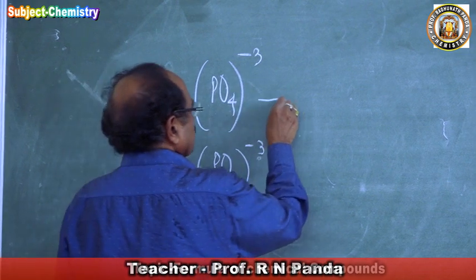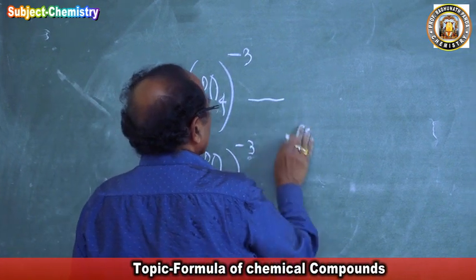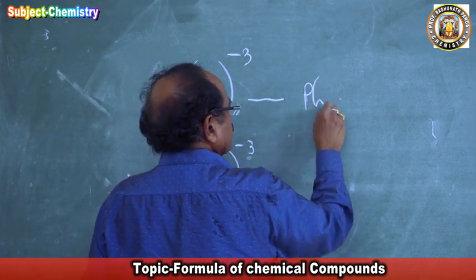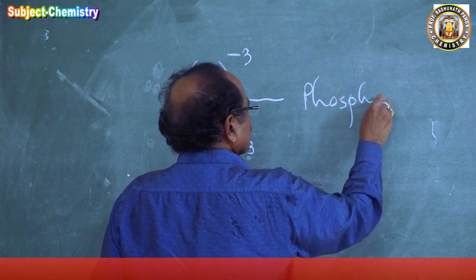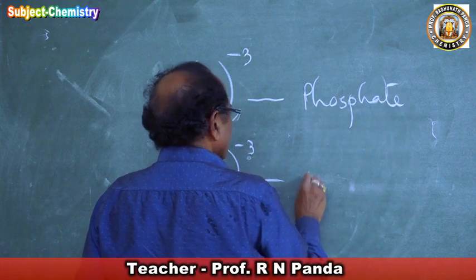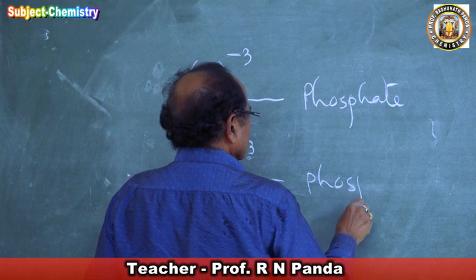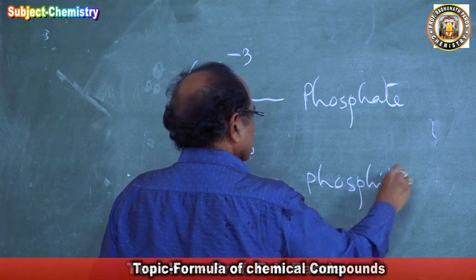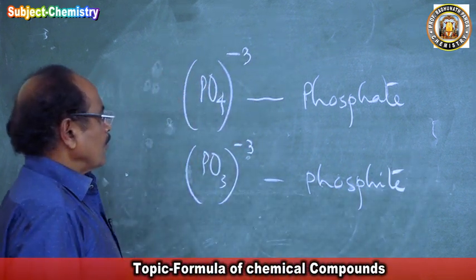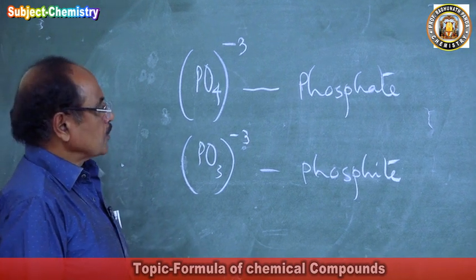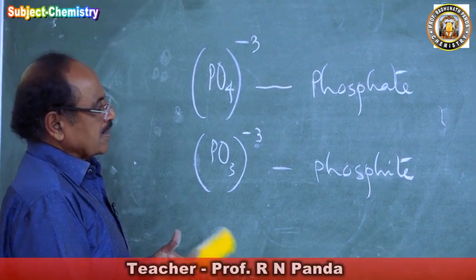So this is called phosphate and this is called phosphite. So these are the radicals we have discussed.